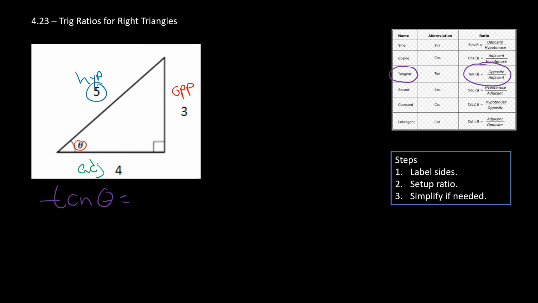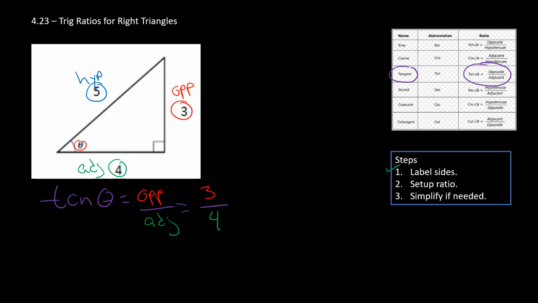So dealing with tangent, we need to evaluate it as being opposite over adjacent. Cool. So our opposite value in this case, we've already identified it here at 3, will be divided by our adjacent value here at 4.